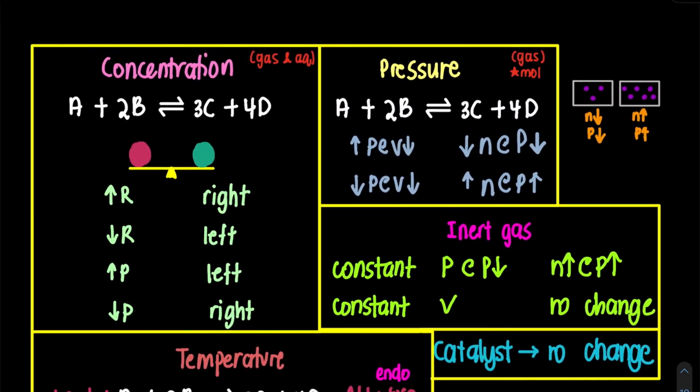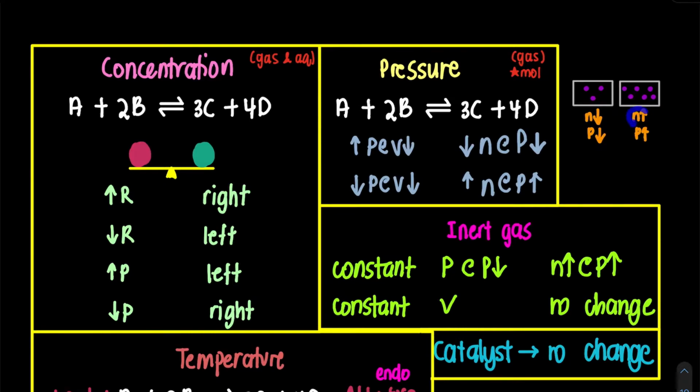Why? Because when the number of moles is low, the pressure will become low. When the number of moles is low, the collisions between the molecules, or between the molecules and the wall of the container, decrease. So that's why the pressure decreases. Pressure is about the collisions between the molecules and the wall of the container.